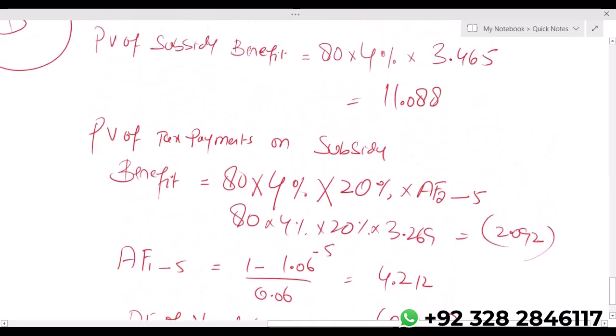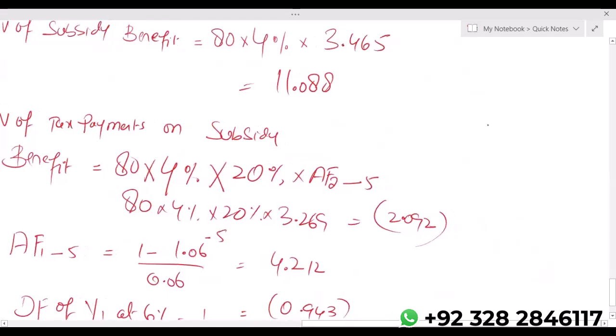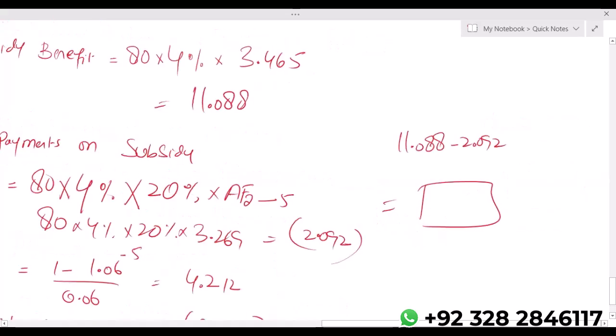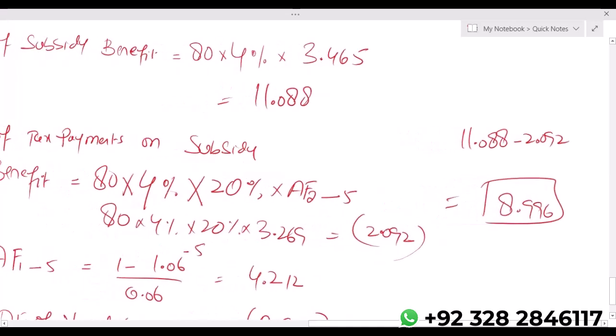Okay. So 11.088 minus 2.092. So 8.996. Students, is this clear to everyone?